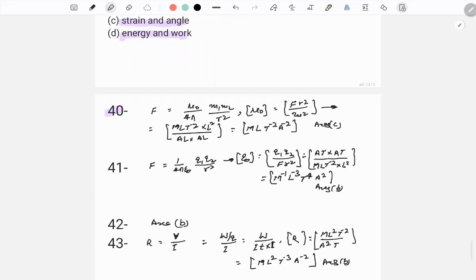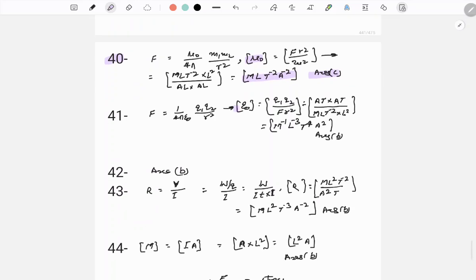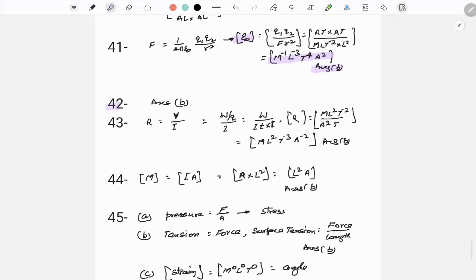40th. Dimensions of mu naught is M L T to the power minus 2 A to the power minus 2, answer is C. Dimensions of epsilon naught is M to the power minus 1 L to the power minus 3 T to the power 4 A to the power 2, answer is B. 42 answer is B. 43.